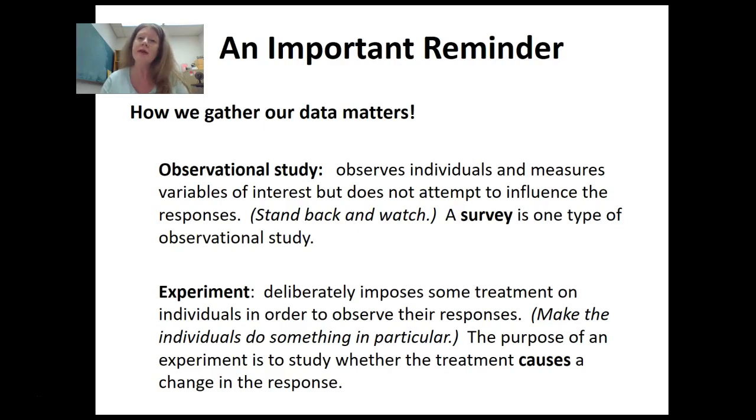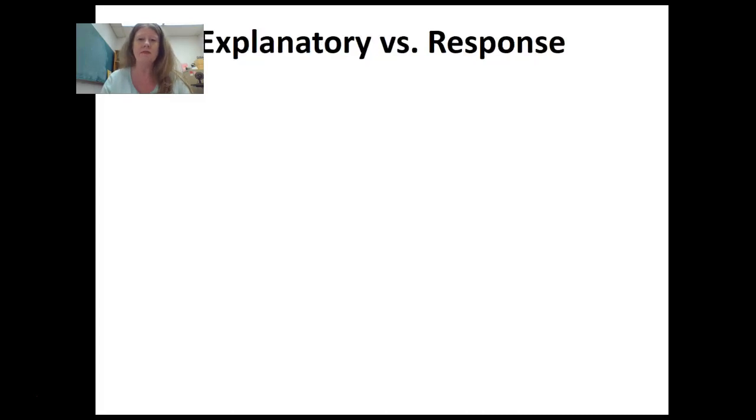So there's a treatment that you might be imposing, and you're trying to see if that treatment is going to cause a change in a response. If we've been able to design a good experiment, at the end of the experiment, we can reach a conclusion about cause and effect.